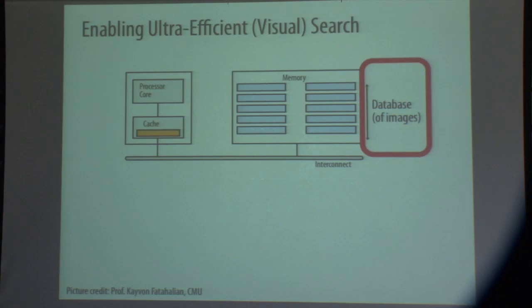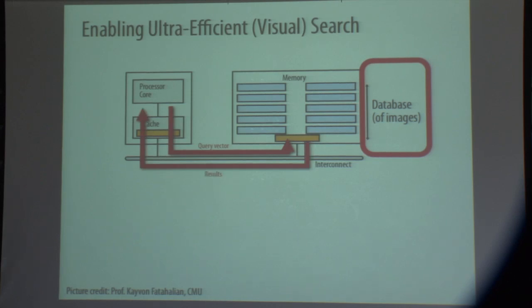But if the memory can store that huge database, and this could be possible with very large memories. Today, we have machines with 1 terabyte of memory. And in the future, it's going to increase, hopefully. The processor core can say, memory, please search this query for me. And memory has specialized capability that does the search and filtering and sends back a vector of results. And the processor core can do other processing on top of that vector of results going forward.